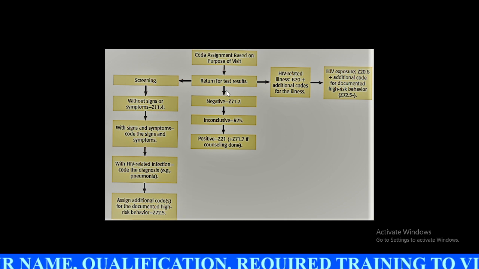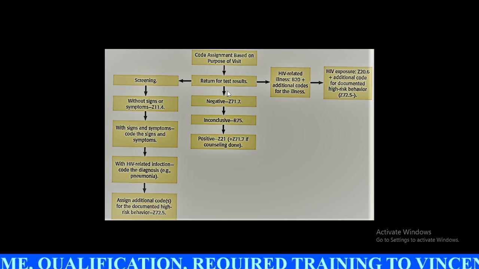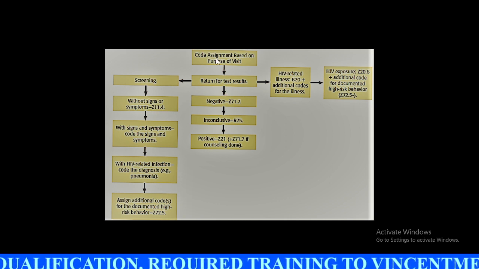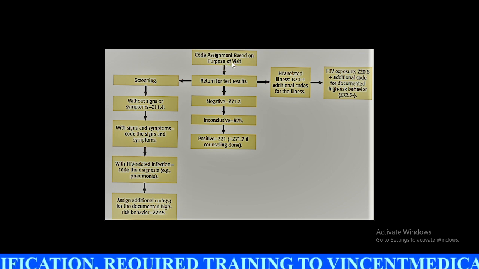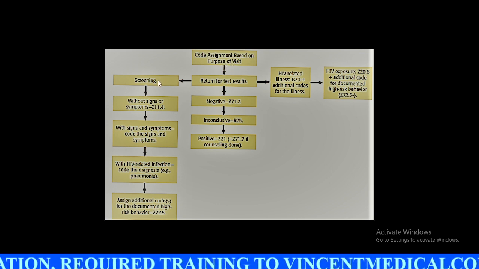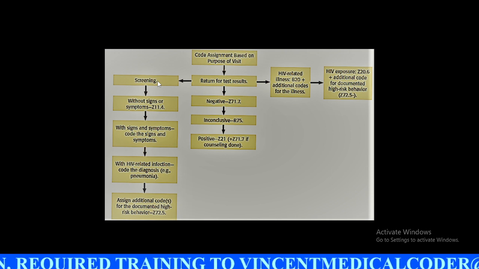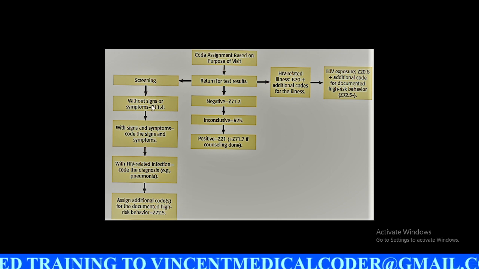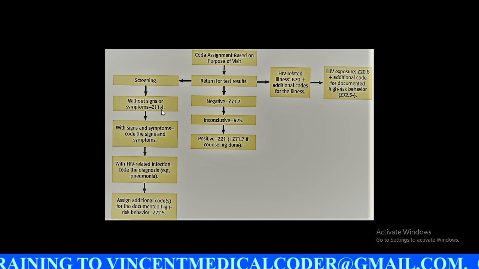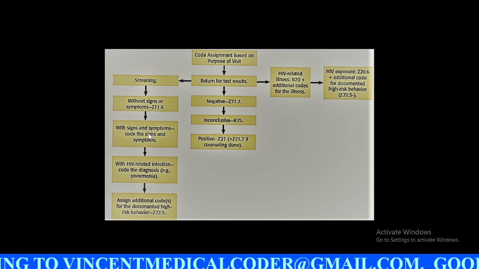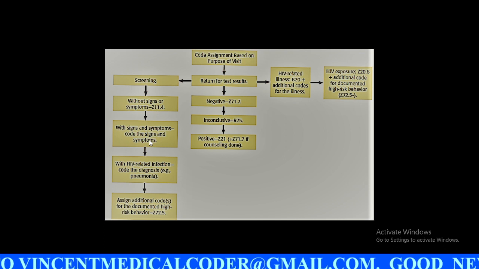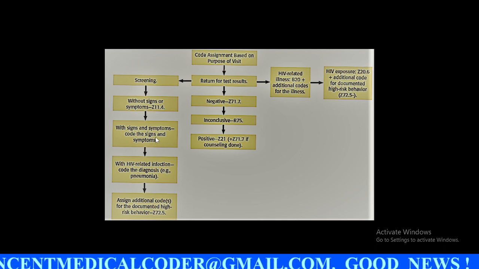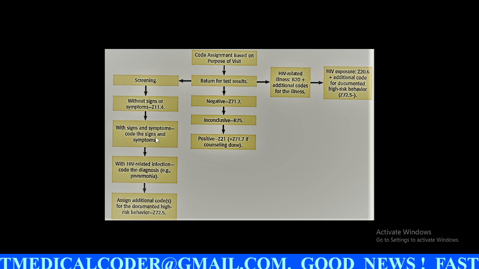Whenever we code HIV or AIDS, we need to select the reason for the visit or purpose of the visit. If the patient is coming for HIV screening and does not have any symptoms, we need to code Z11.4. If the patient has signs and symptoms, we need to code the signs and symptoms which the patient has.